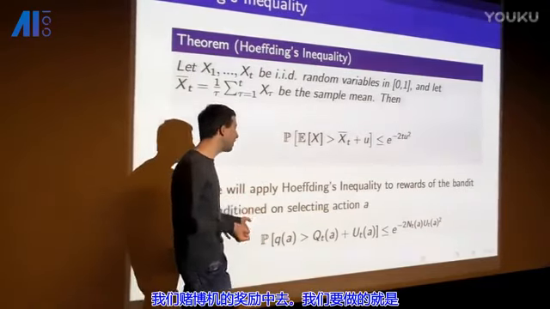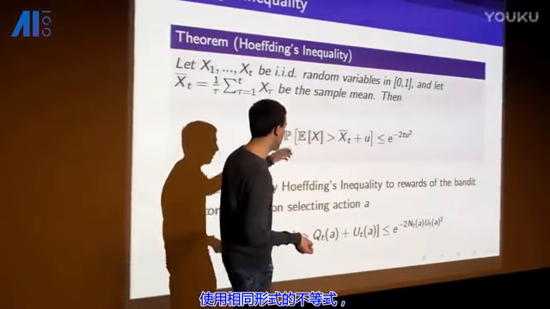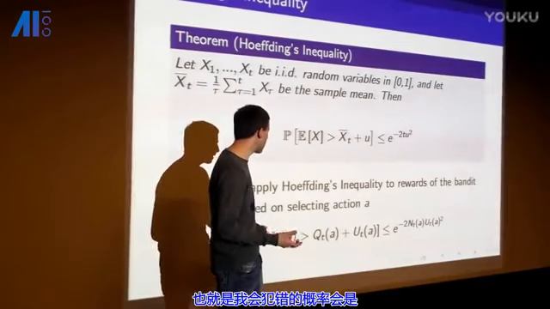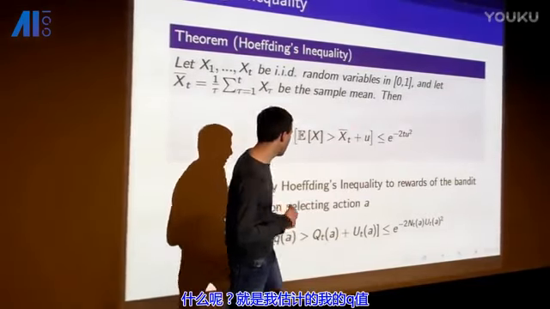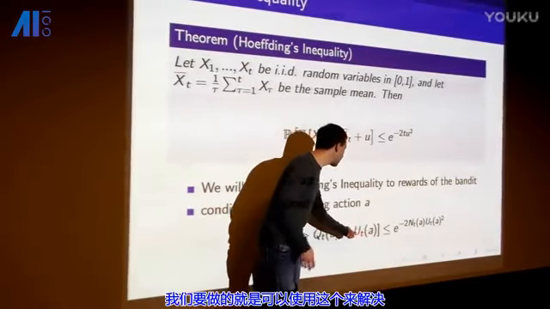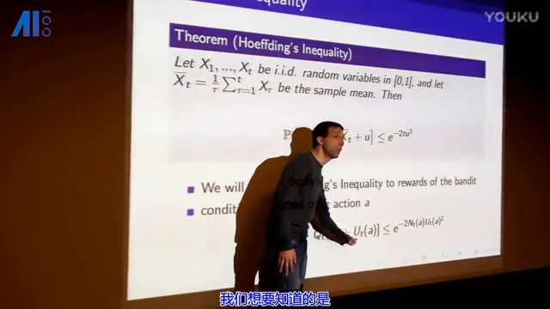All we're doing here is applying exactly the same inequality. And now we see this is basically saying what's the probability that I'm wrong in my estimate of these Q values by more than my U value. We're going to use this to solve for the U value, to set this upper confidence value to the appropriate amount.